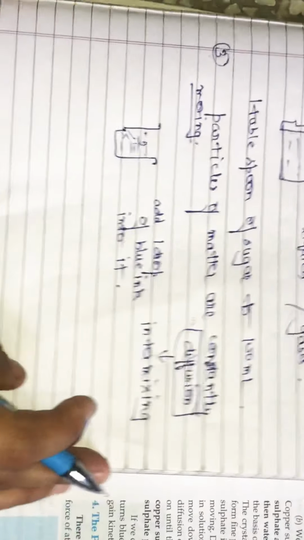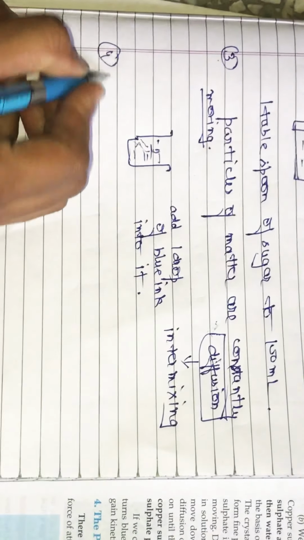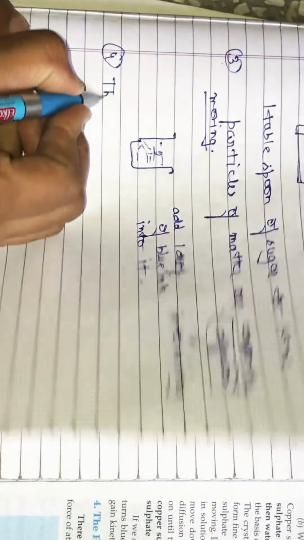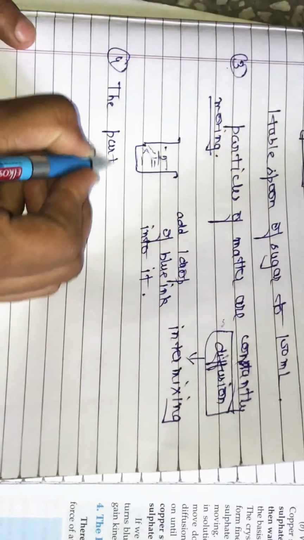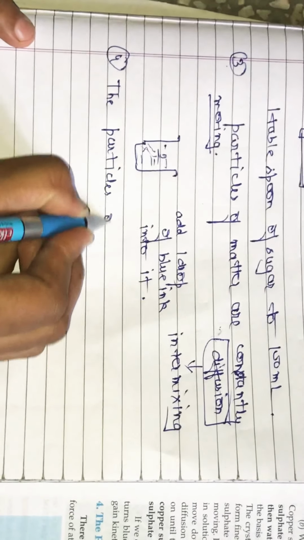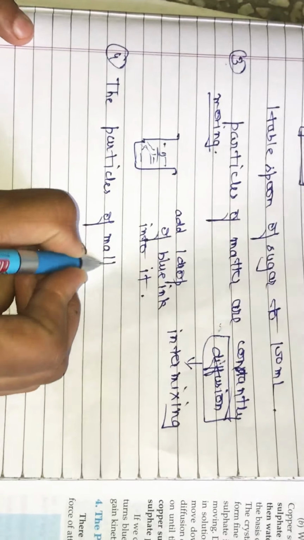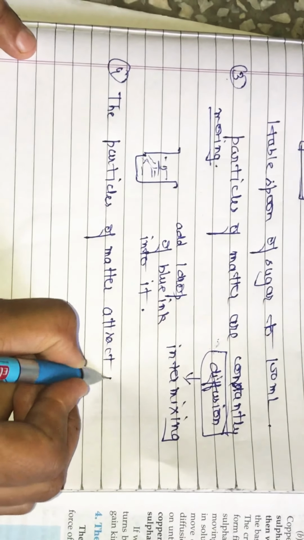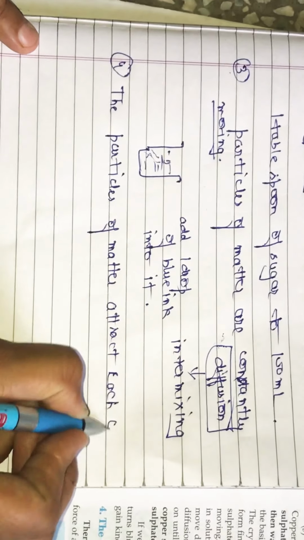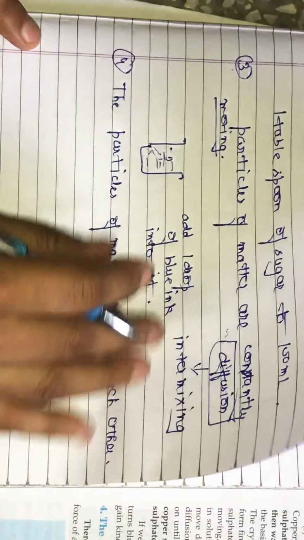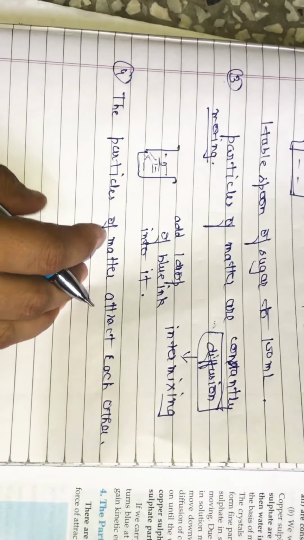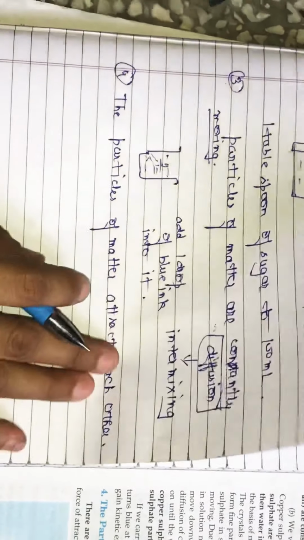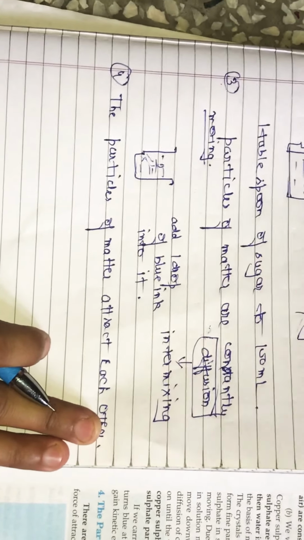Okay, so now we will do the last one, that particles of matter attract each other. Particles of matter attract each other. This is very important to understand. If you take a sponge, you can see that small pores are there, but you cannot separate the particles.